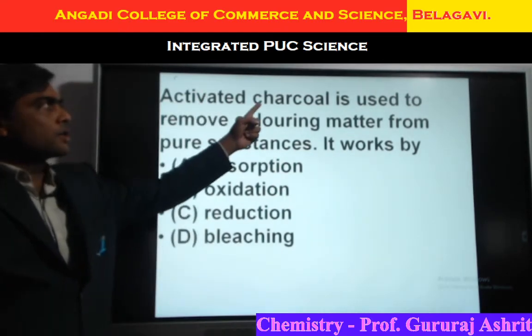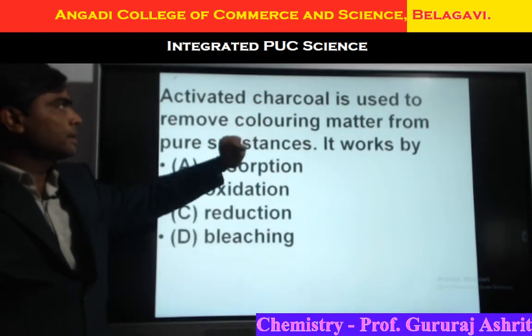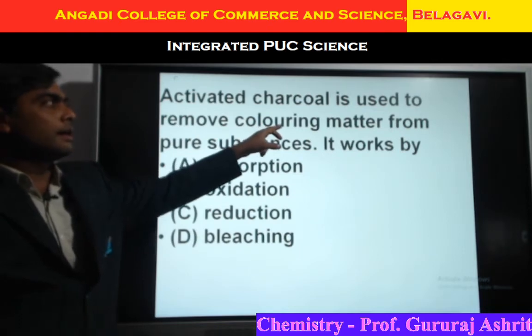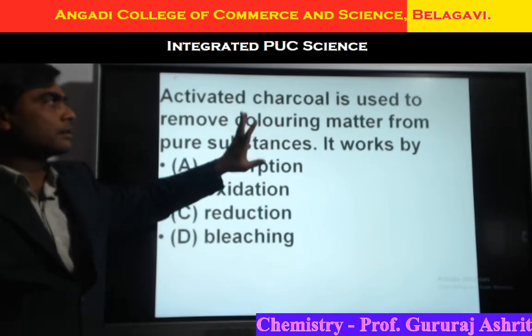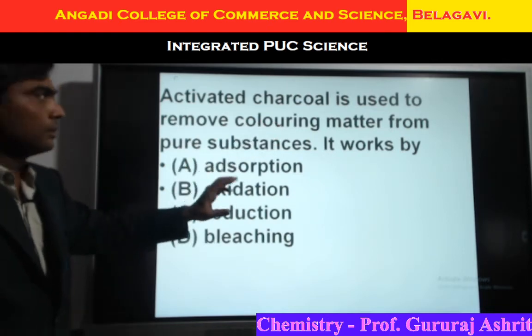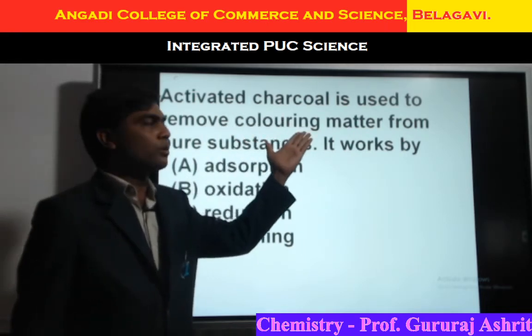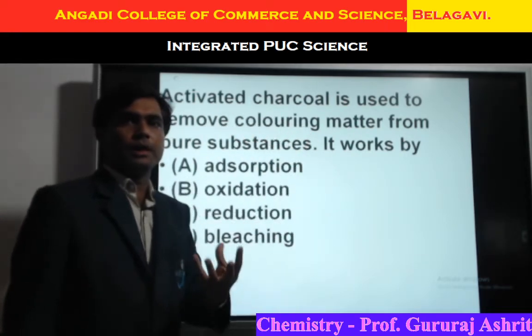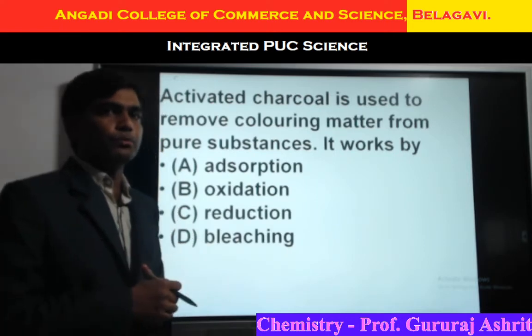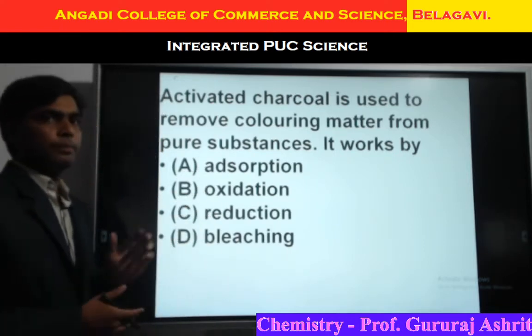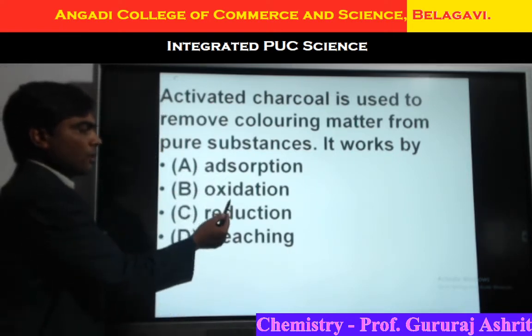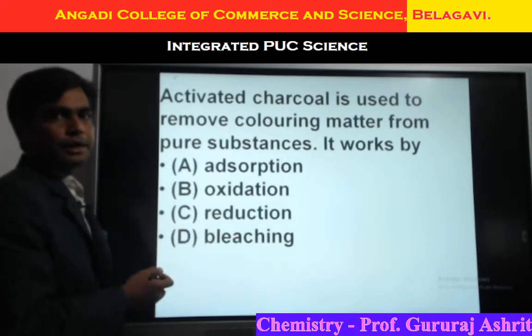Activated charcoal is an adsorbent, and they are saying we are removing the coloring matter, which is called decolorization. So when you take a charcoal powder adsorbent and some color is added, if you want to remove that color, which process will be involved? Adsorption, oxidation, reduction and bleaching.